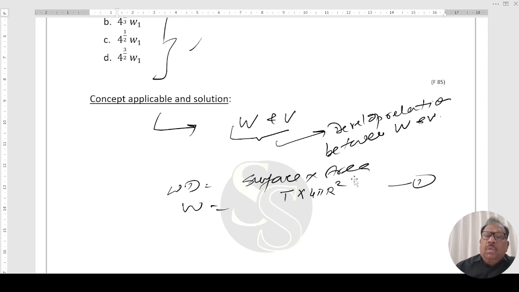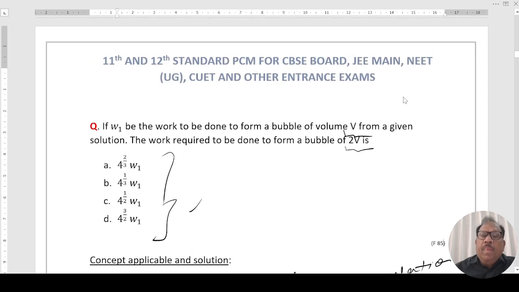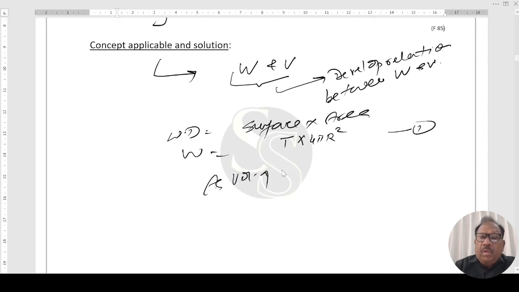Now, we have to eliminate r in terms of V. The volume of the bubble will be spherical, so V will be equal to 4 by 3 pi r cube.